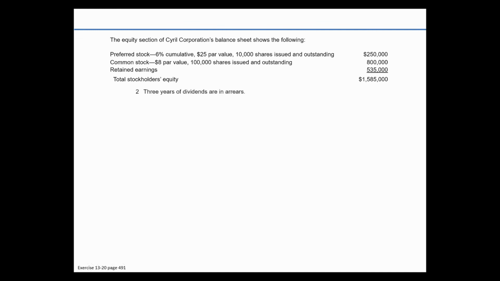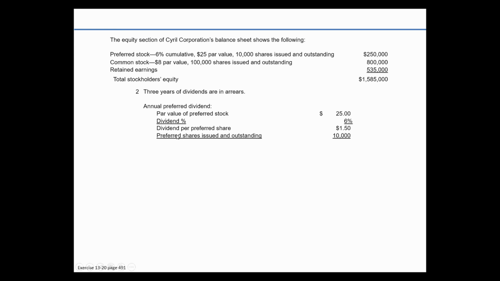We'll look at this again, but this would be if they have 3 years of dividends in arrears. So remember the par value of the stock is $25. The dividend is 6%, so 6% of 25 is $1.50 dividend per preferred share.